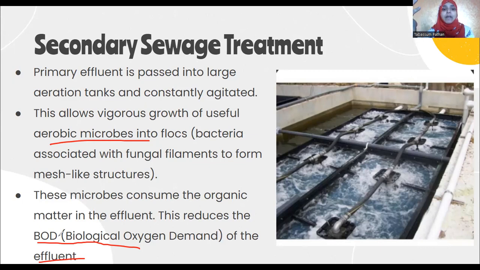So these aerobic microorganisms eat that organic matter as a food source and reduce the organic content. Basically, they reduce the BOD of the effluent. For that purpose, constant agitation and aeration is provided in these tanks so that the microorganisms grow rapidly and reduce the BOD.